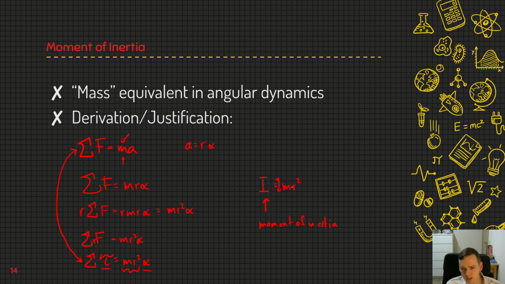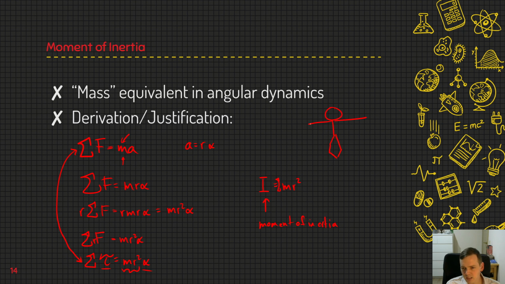And so if you look at this, you can sense that if something has more mass, it's obviously going to be harder to spin. If that mass is farther away from where you're trying to spin it, it's going to be harder to spin as well. So this is the classic example of an ice skater doing a spin with their arms out, right?